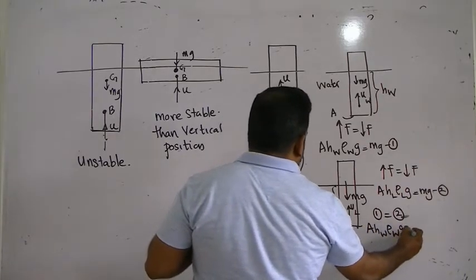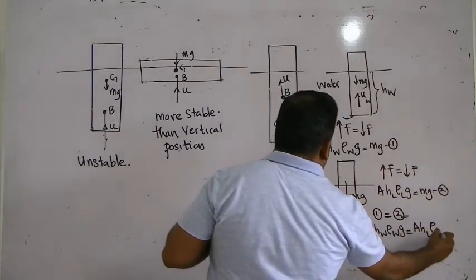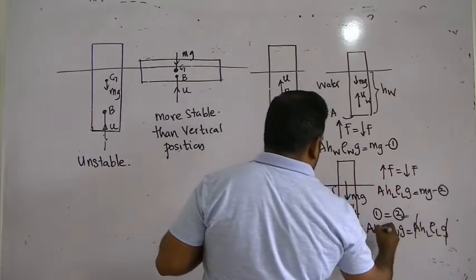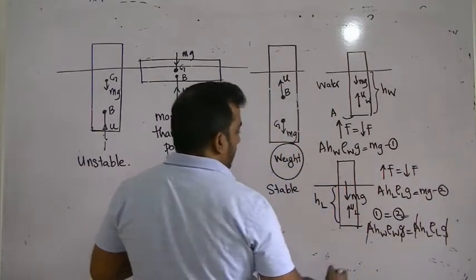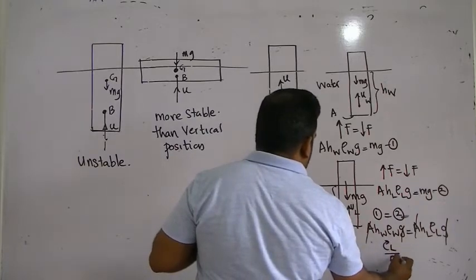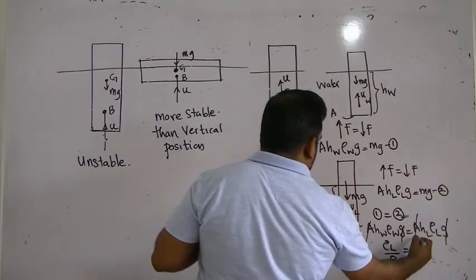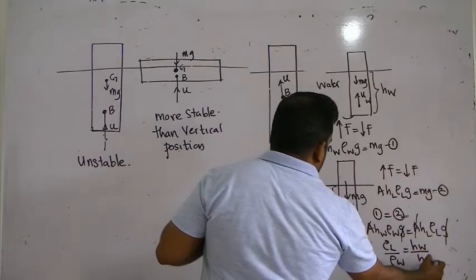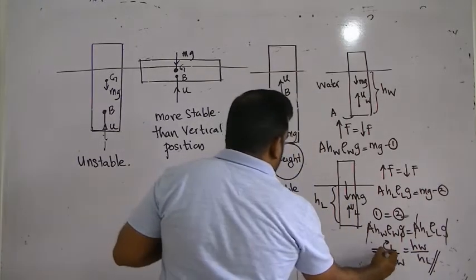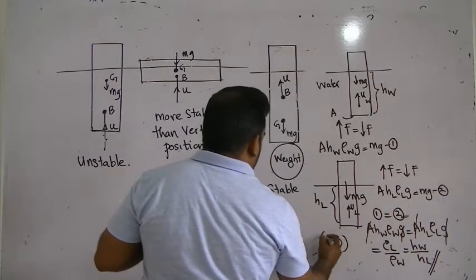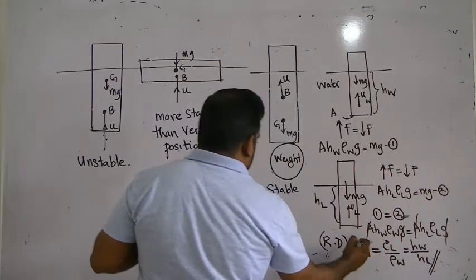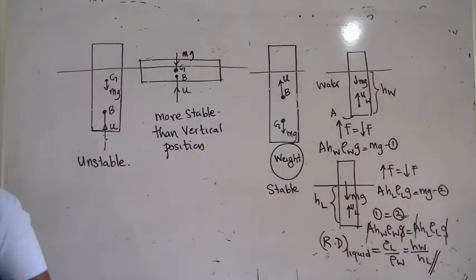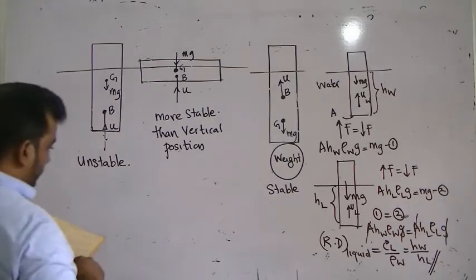A H_W rho_W g equals A H_L rho_L g, and A and g cancel. The relative density of the liquid, rho_L over rho_W, is H_W over H_L. From this you can easily find the relative density of the liquid. Not difficult. Okay. Right.